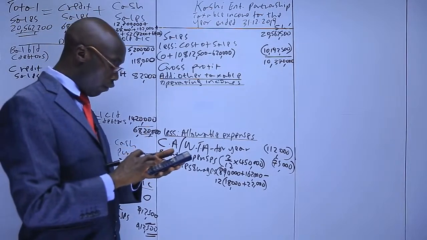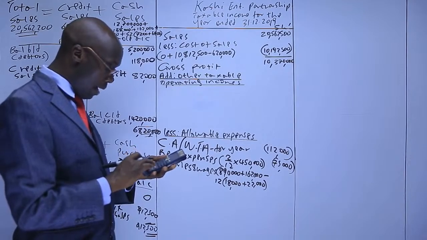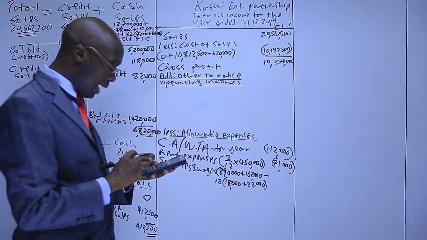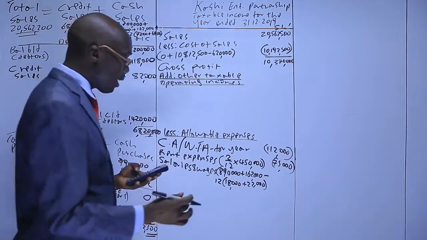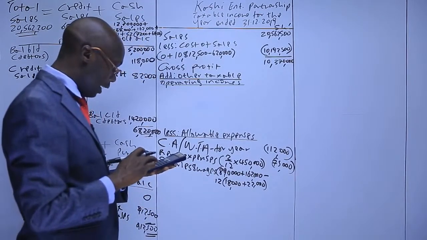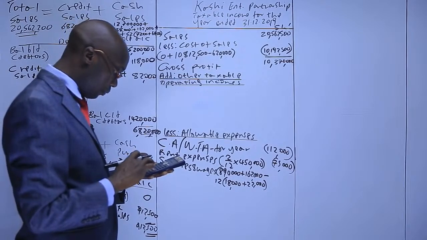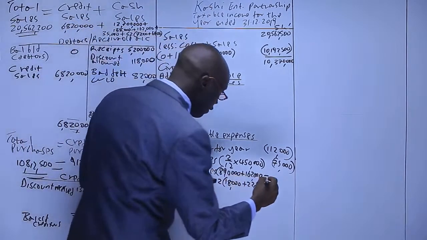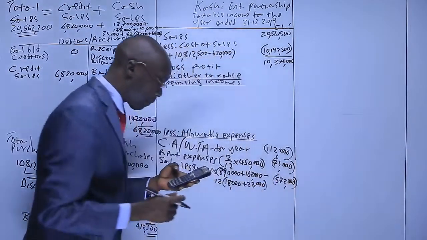We take the 18,000 plus 22,000, and then multiply by 12 months because it was monthly. We get 480,000. Then we remove them from this. So we take 890 plus 162 minus 480. That gives us 572. That's the one that we should be allowing there.